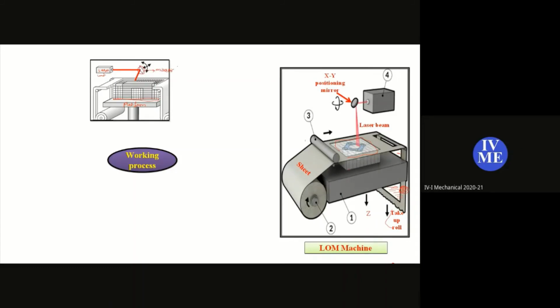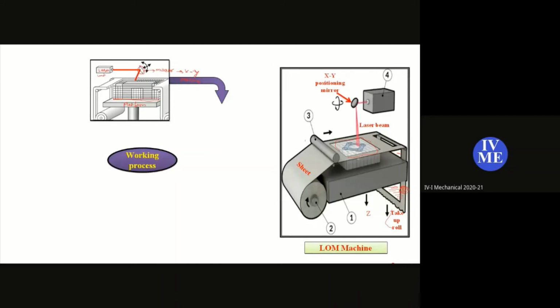This mirror gives the XY dimensions, meaning XY positions, on the layer, and the laser cuts the outline of the layer first, and then it cuts the perimeter of the diagram, and also cuts the cross hatches.